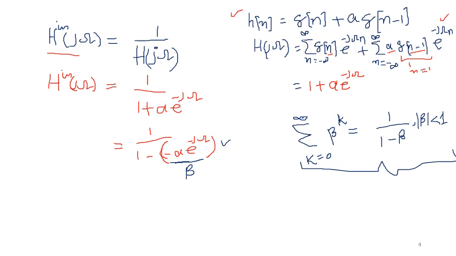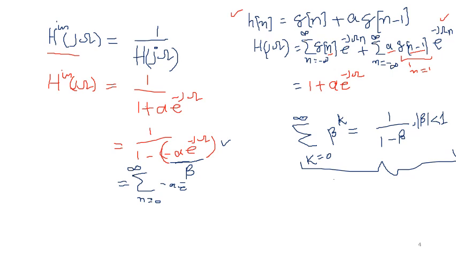So that means this will result into the summation running from 0 up to infinity of beta power k, and this is your beta.